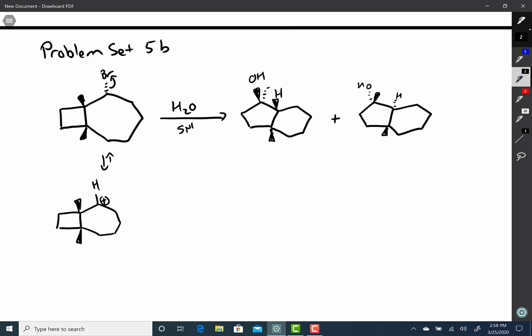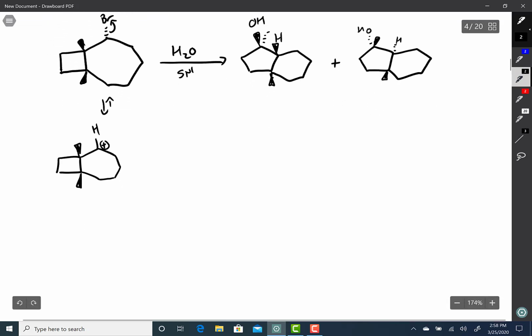Now, this carbocation, let's see if we can draw that carbocation out just a little bit better. It's secondary, right next to a tertiary one, and either of these groups can migrate, and this can swing upwards to that. There is no stereochemistry to this.